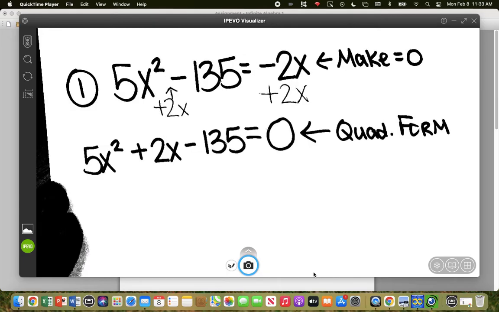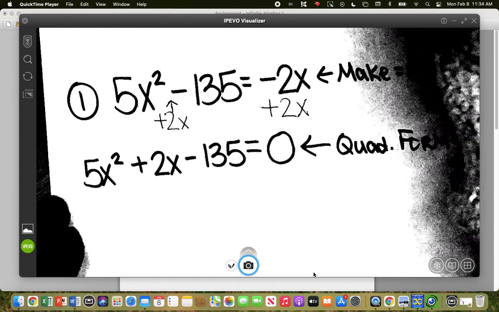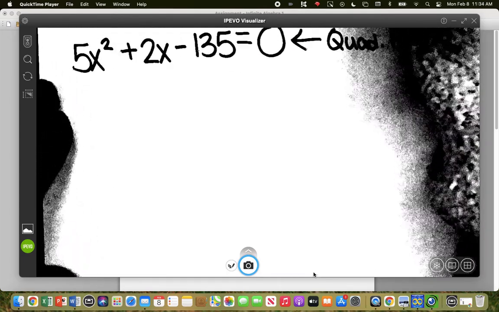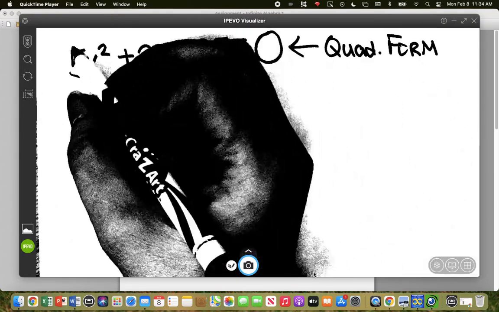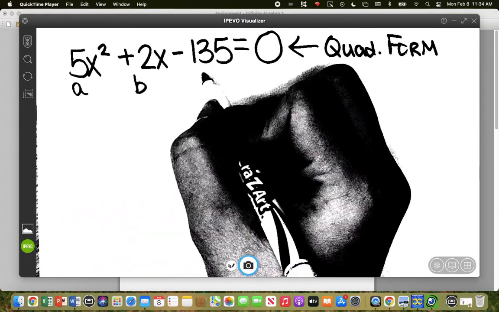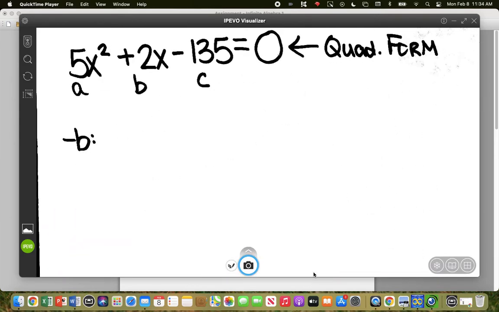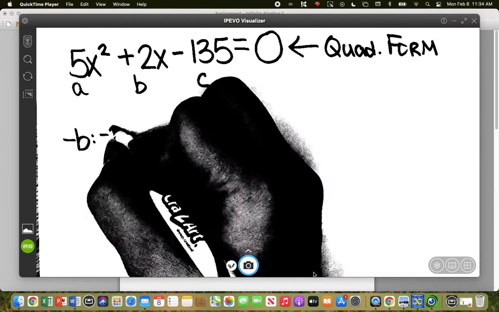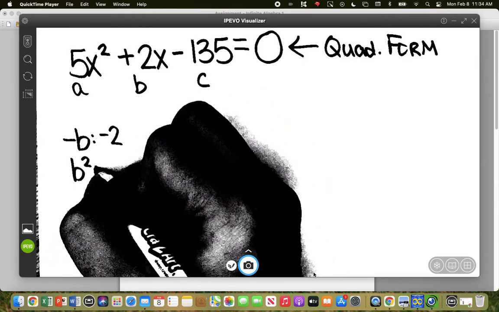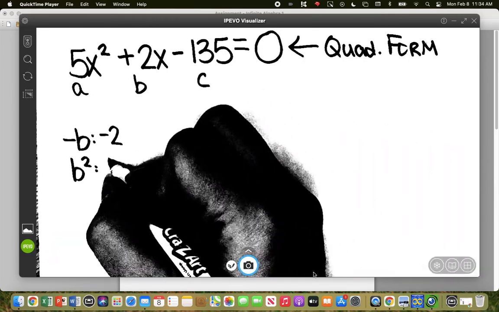So if we want to do the quadratic formula, all right, if A is 5, B is 2, and C is negative 135, what do we get for the opposite of B? Negative 2. What's B squared? 2 squared is 4.